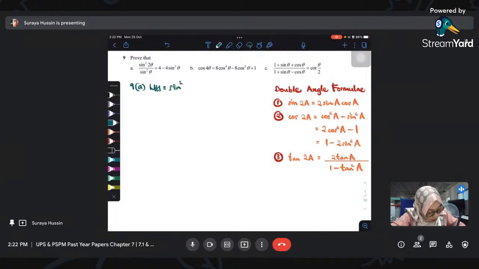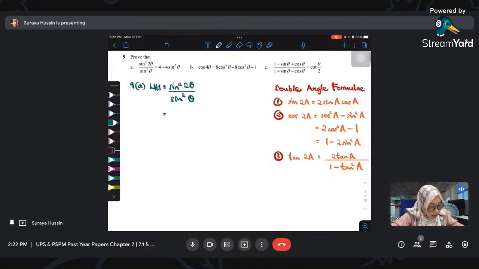So sine squared 2 theta over sine squared theta. So dekat sini saya sangat familiar dengan sine squared ni. Okay, sebab dia adalah formula apa tu? Formula double angle. Okay. So dekat sini you kena pandai bermain dengan squared.